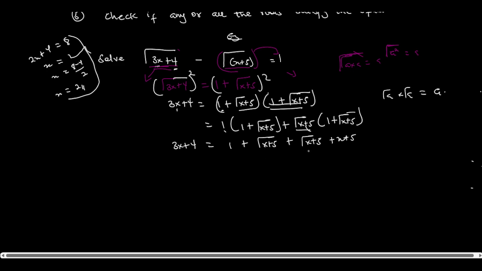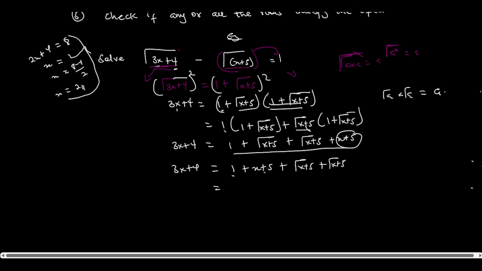Yes. So we can group this portion into rational part and then the third part. So when we do that, we are getting 1 plus this one, x plus 5, plus square root of x plus 5, plus another square root of x plus 5.